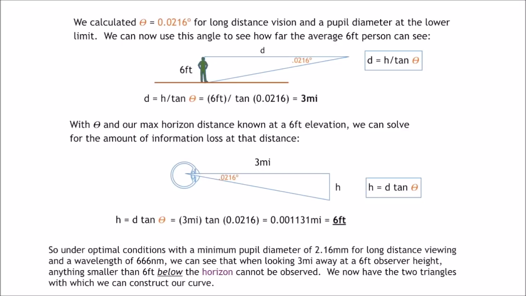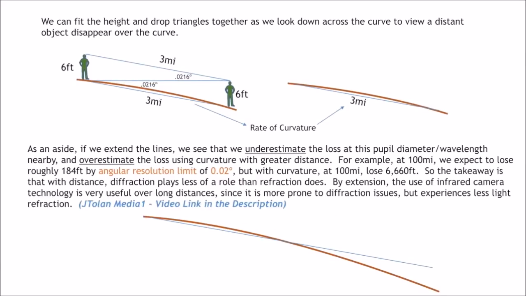We now have the 2 triangles with which we can construct a curve. We can fit the height and drop triangles together as we look down across the curve to view a distant object disappearing over it. So again, the first one is the distance that we calculated for a 6-foot person using theta at 0.0216 degrees.